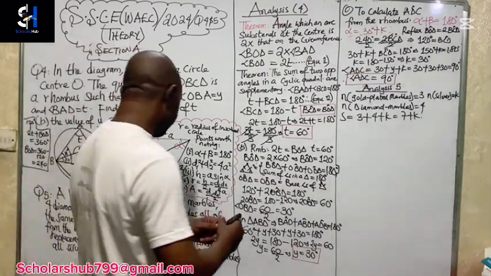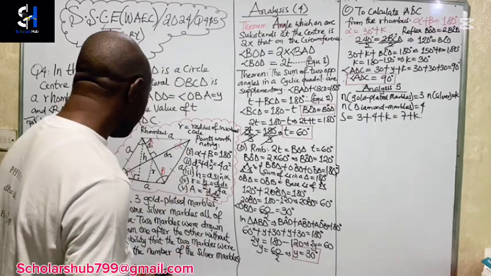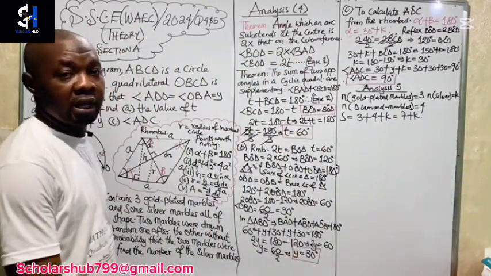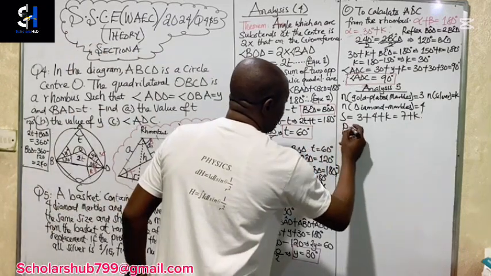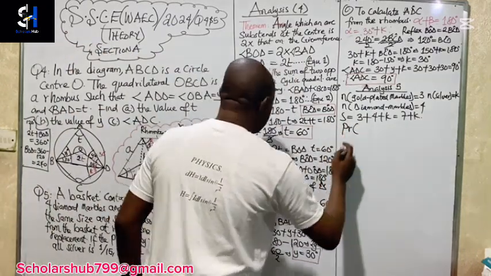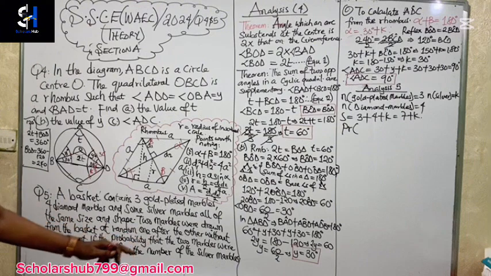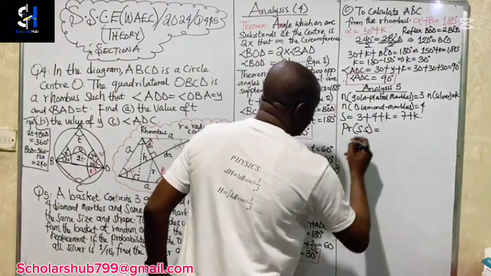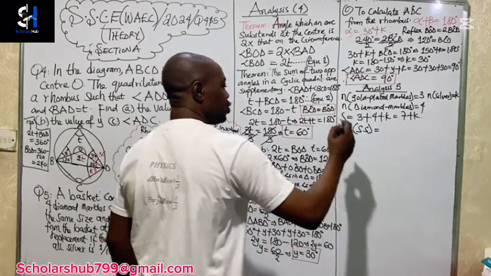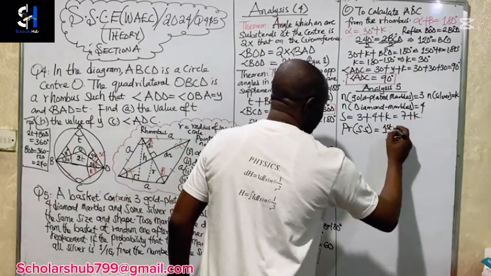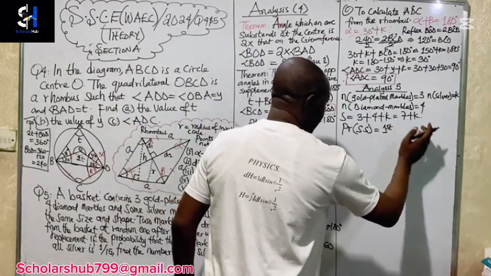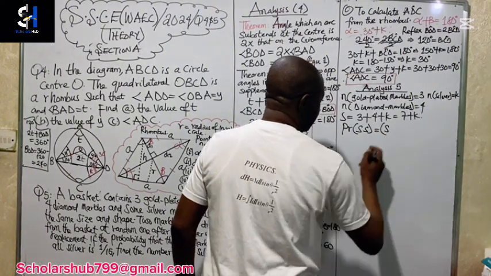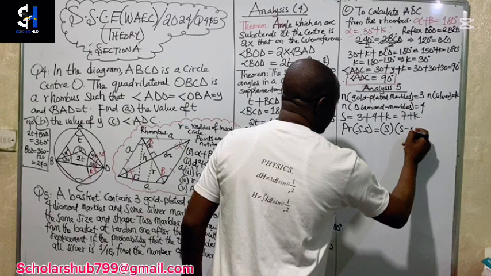We want to find the number of silver marbles, which I represent as K. So the probability that the two marbles were both silver, that means silver, silver, is the first being silver, multiplied by the second being silver without replacement.